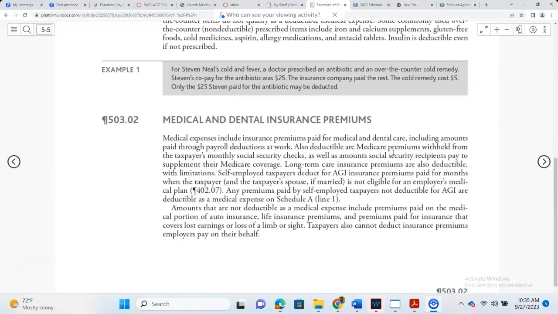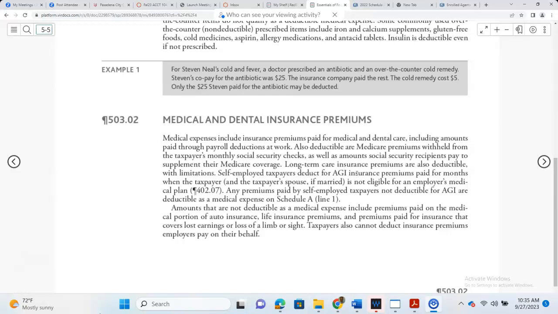Also deductible are Medicare premiums withheld from the taxpayer's monthly Social Security checks. So if there is any Medicare premium withheld, that's also part of medical expenses. Long-term care insurance premiums are also deductible.